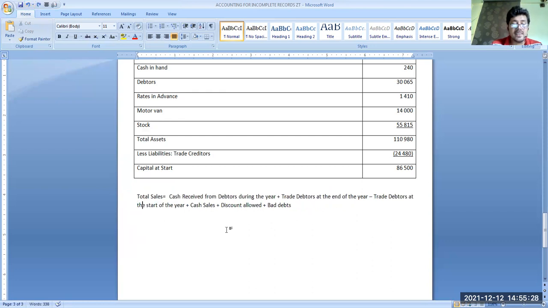Now we are using this formula to calculate total sales for this question.